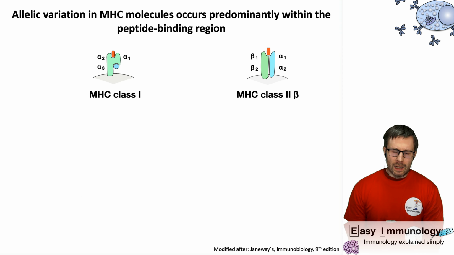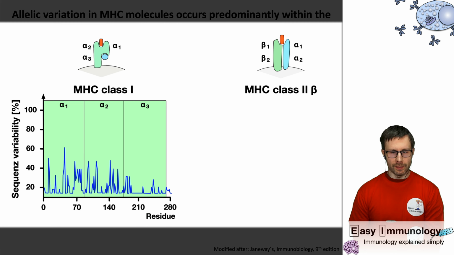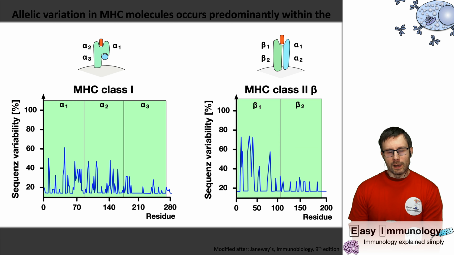So if we look where this variation comes from, we can sequence a lot of different MHC molecules, and we can check which amino acids differ in these different variants. And you can see that we can divide the MHC class 1 alpha chain into an alpha 1, alpha 2, and alpha 3 domain. And you can see that most of the frequency variability happens in the alpha 1 and 2 domains. And if we look at the beta chain of the MHC class 2 molecule, you can see this is a beta 1 domain on top and a beta 2 domain at the bottom.